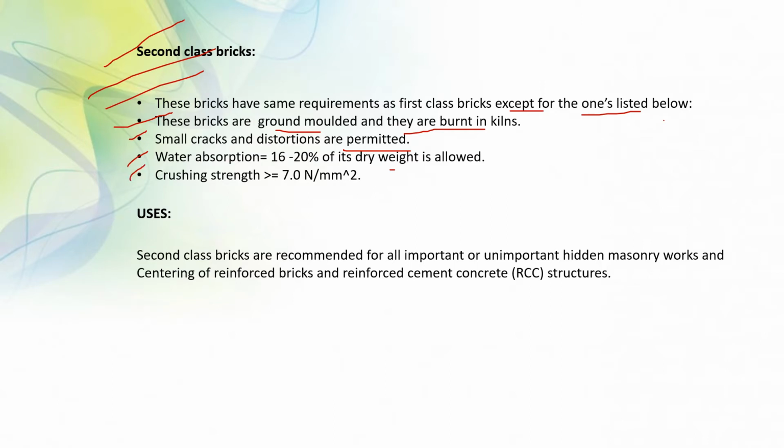Crushing strength should be greater than or equal to 7.0 Newton per millimeter square. The uses of second class brick: they are recommended for all important or unimportant hidden masonry works and centering of reinforced brick and reinforced cement concrete RCC structures.